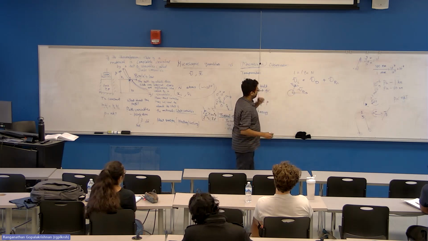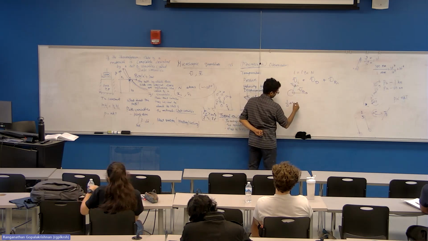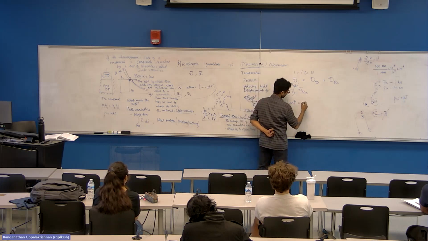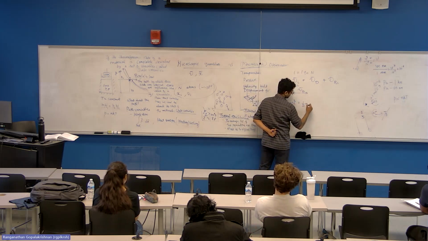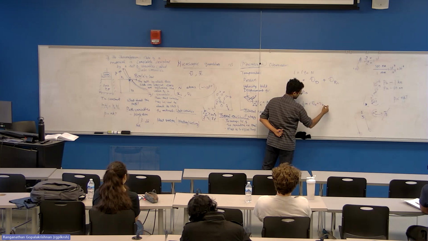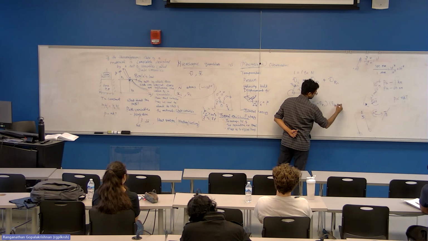What is the total kinetic energy? Half m Vi squared. So if you consider this, half m (Vd plus Vri) dot (Vd plus Vri).